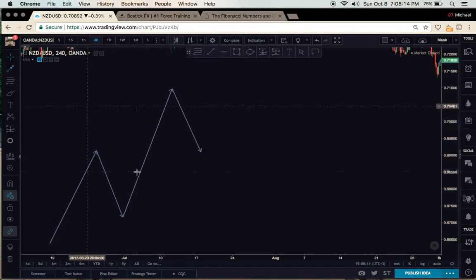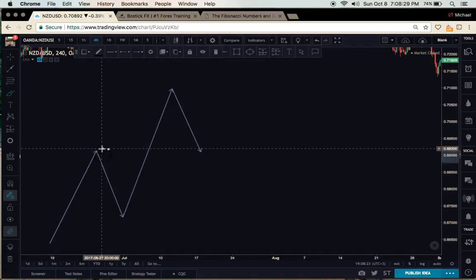So what you're doing is if you saw that price is moving up and you want to get in on an uptrend, but currently price is retracing, you don't want to enter price. Let me change the color of that.